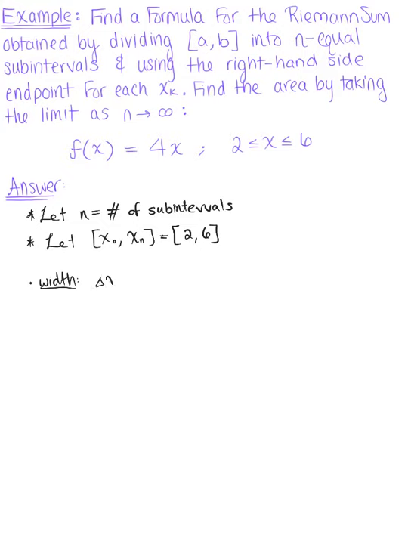We know that delta x is the length of the interval divided by the number of subintervals. So we have 6 minus 2 over n, which leaves us with 4 over n. And again, we are going to confirm this width using our kth subinterval. So that being said, let's find those subintervals.